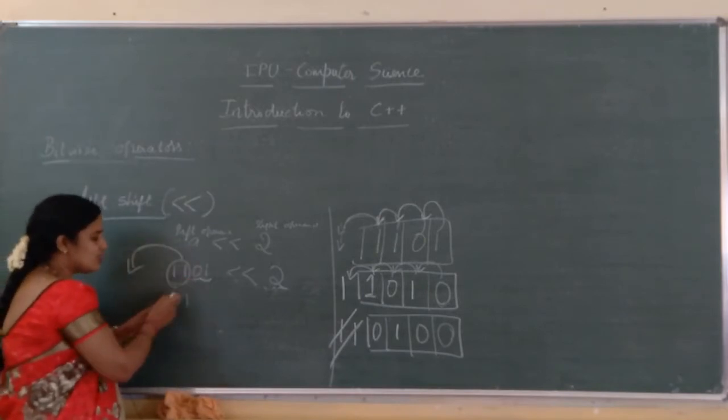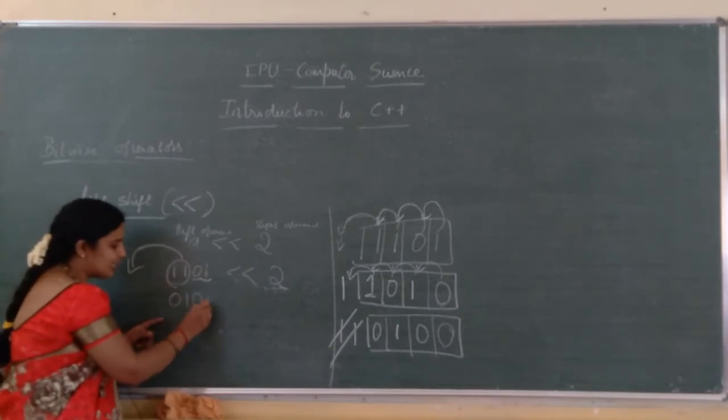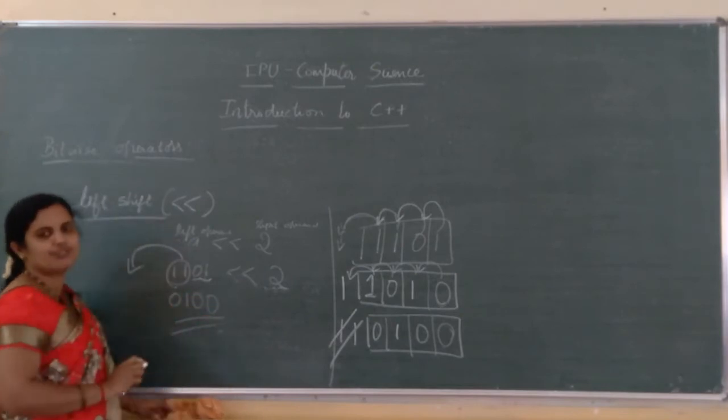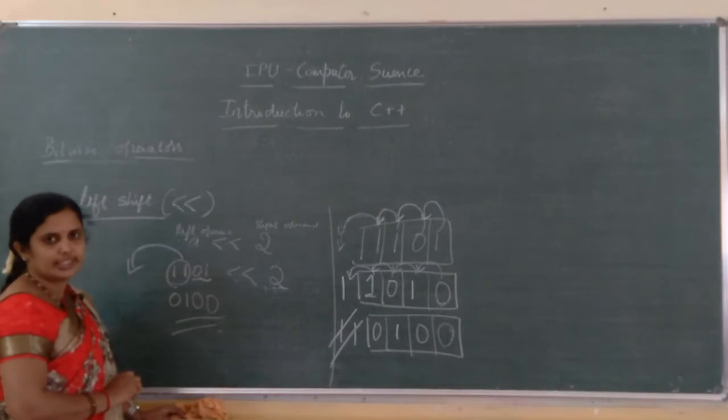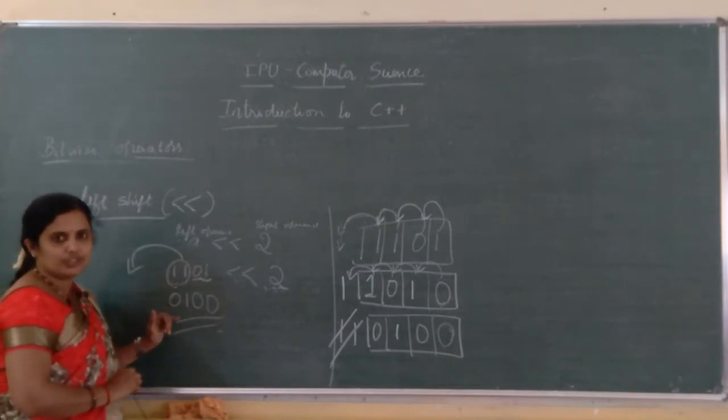And when it comes to left, these 2 spaces will be left blank, isn't it? So you have to fill it with the zeros. That is the left shift operator. Is it clear? That is the work done by the left shift operator.